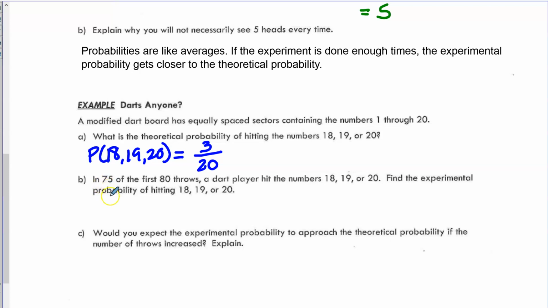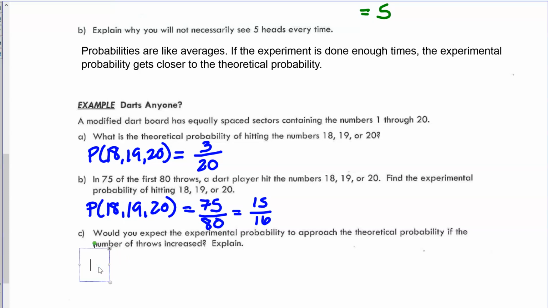But part B says in 75 of the first 80 throws, a dart player hits that number. So this is going to be the experimental probability of getting 18, 19, or 20. They got 75 successes out of 80 throws. And we always reduce our fractions. This is 15 out of 16, which is a lot higher than the theoretical probability. But that's because in darts, you're aiming for something specific, right?